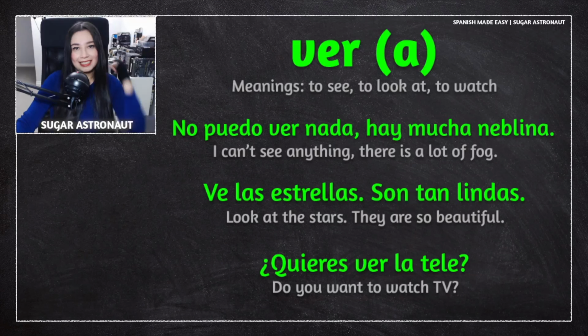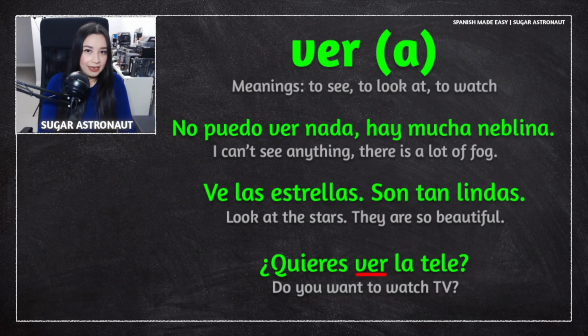In this last example, you can see that ver means to watch. So if you're going to watch a movie or watch TV, you can use the verb ver, because it means to watch. If you want to say to look at in Spanish, you can say ver or ver a. I told you when to use each one of them.